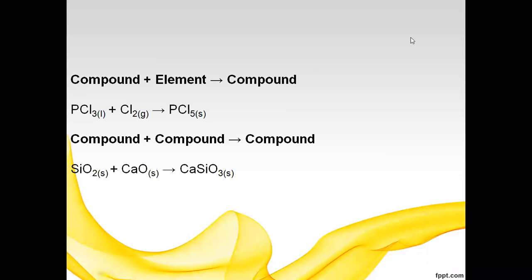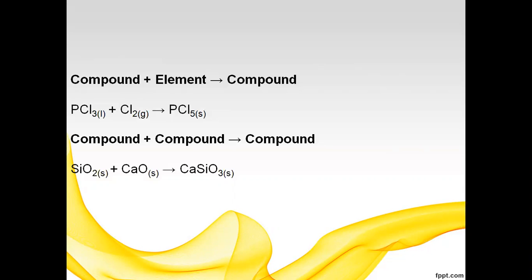So the next one is a compound plus element to form a compound. Phosphorus trichloride reacts with chlorine gas to form, what is this? Phosphorus pentachloride. Why are we putting penta? Because in the equation the suffix is 3. 1 means mono, 2 means di, 3 means tri.